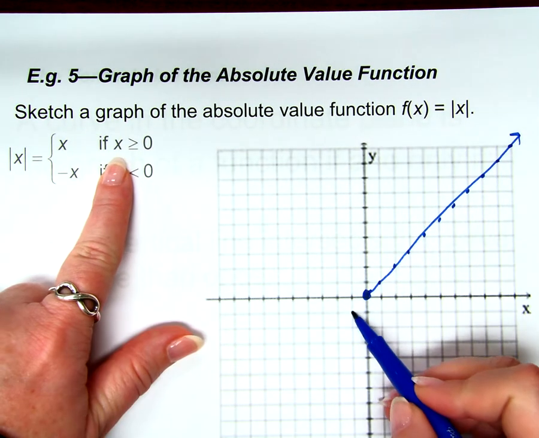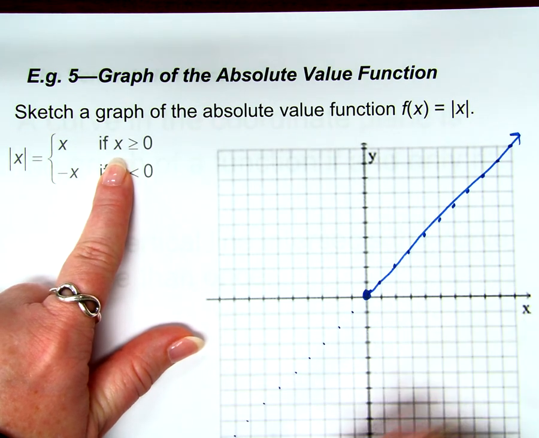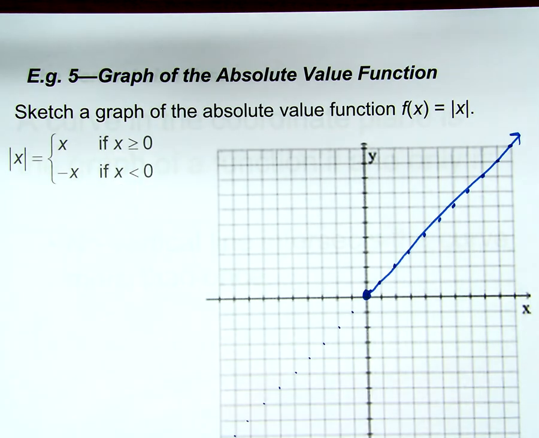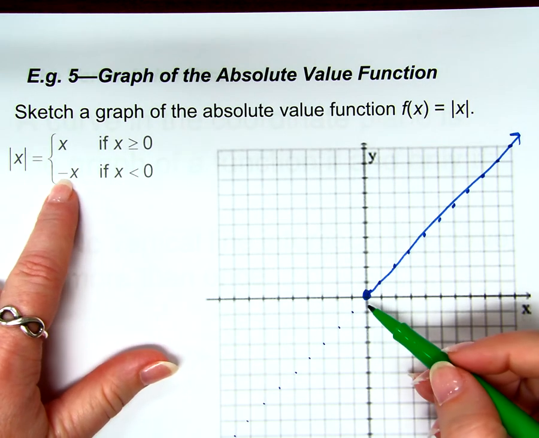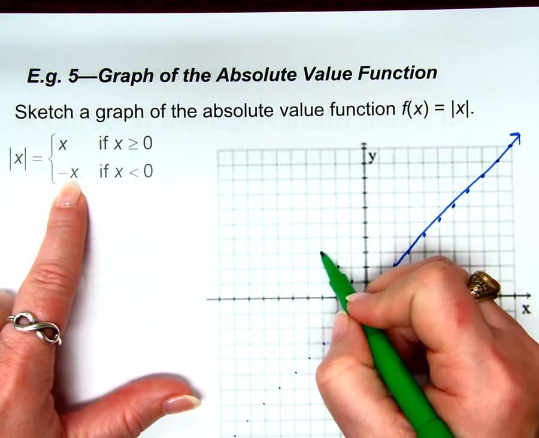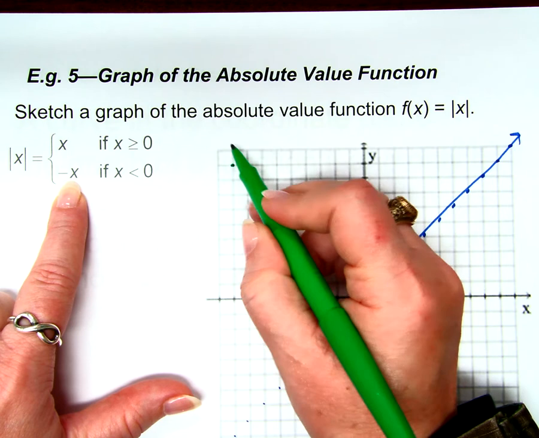Okay, now we know that the line goes all the way down here, but it's not defined there, so we don't draw it there. Okay, now we know it's the line negative x, so rise 1, run 1 backwards, right here on the left side of the line x equals 0.